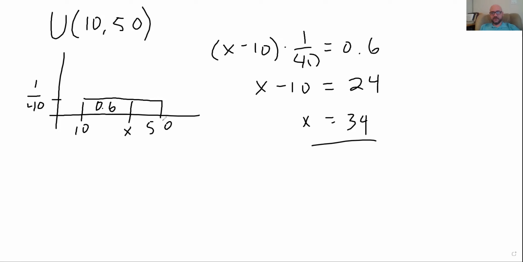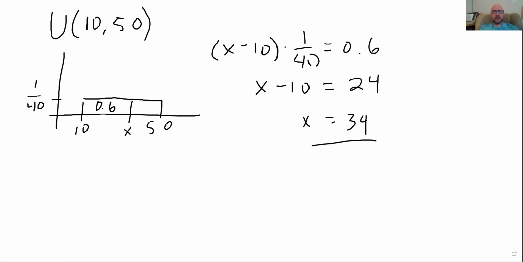But since it's 10 to 50, you have to add 10 to get 34 here. So we would say that 60% of the area in this distribution is less than 34, and 40% is greater than 34. Again, you don't want to think of everything starting at 0. They could start at some number that's not 0. It could be negative as well, by the way. There's nothing saying these all have to be positive.